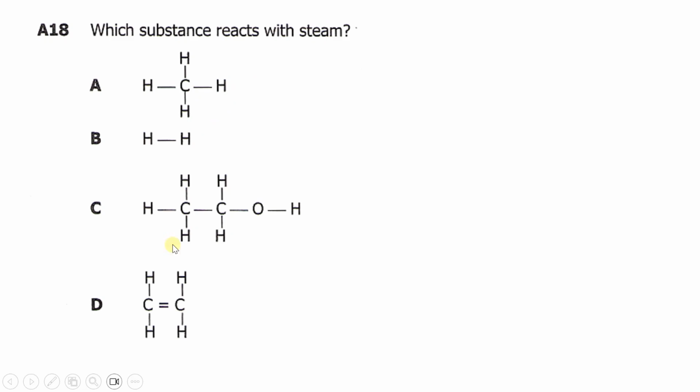And also this ethene can undergo hydration, where we use it to form alcohol. So when they say which substance reacts with steam, I found 2 answers for me here. I may be corrected by others, but that's what I saw.